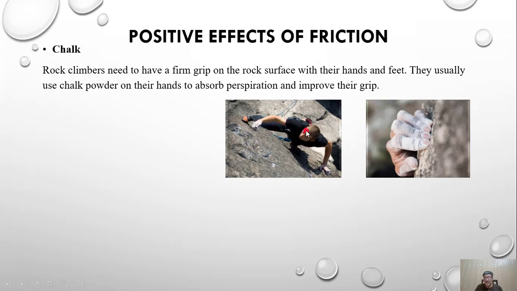Similarly, the person is climbing the rocks, climbing this wall, you can say. So they usually use chalk powder on their hands to absorb perspiration and improve their grip. So this is one way we can make use of chalk for the positive effects of friction.